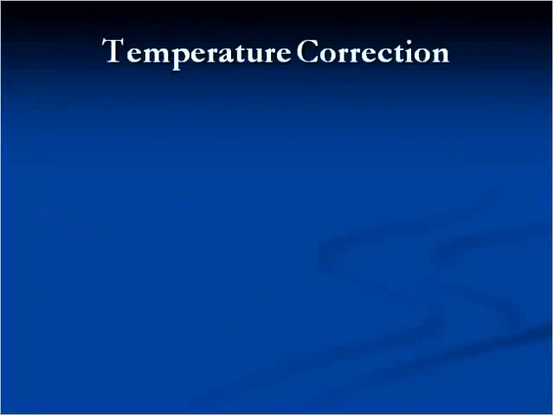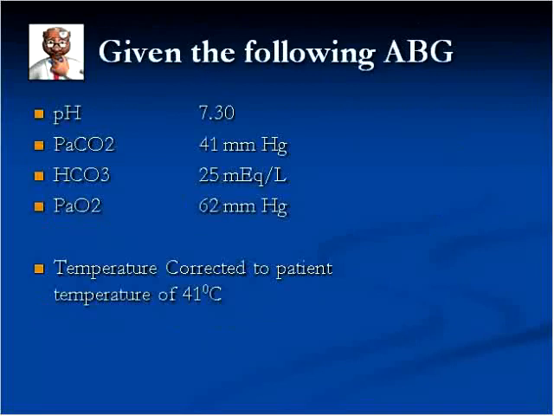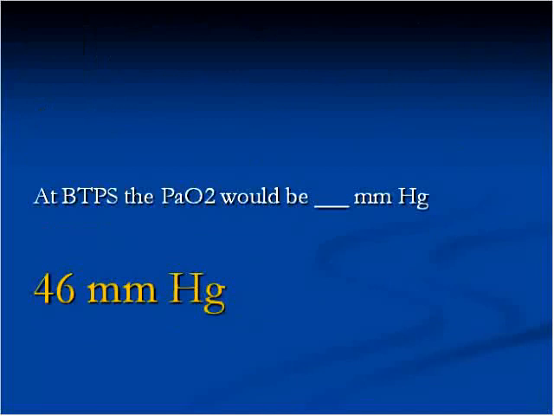Thoughts on temperature correction, and I have not seen information to change this, but generally in the clinical arena where respiratory therapists work, I do not recommend temperature correction. Reason being, here's an example of a blood gas that was temperature corrected to a febrile patient. Notice the PO2 is 62 on this blood gas, which is reasonably good. If this same blood gas had been drawn at BTPS, PO2 would be 46.